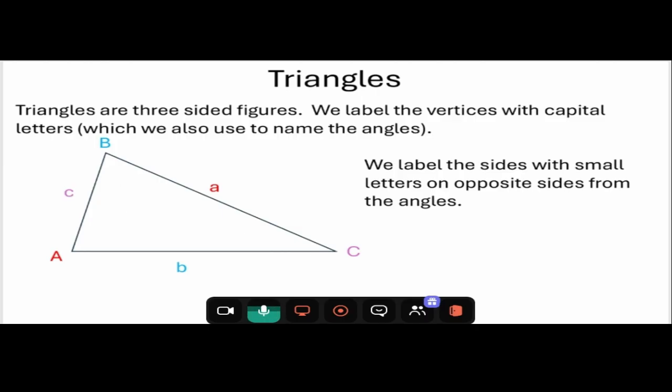And so if they just start talking about capital ABC and small abc, or XYZ, or MNP, or whatever letters they choose to use, you know that the capitals are the angles in the triangle and the small letters are the sides across from the same angle with the same letter.